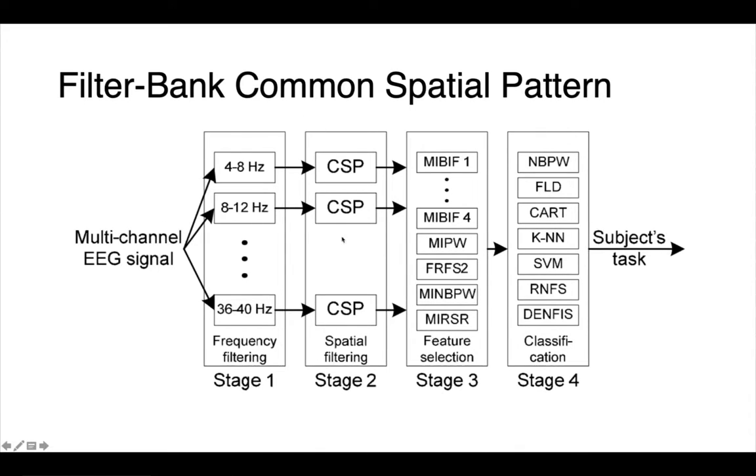So with this assumption, they first separate their original signal into multiple frequency bands and calculate the CSP in parallel to get the spatial pattern for each frequency band.